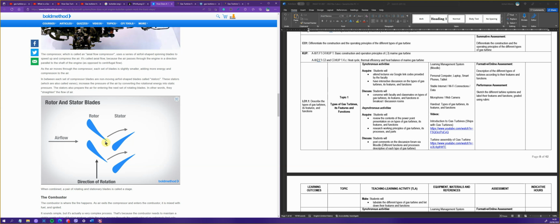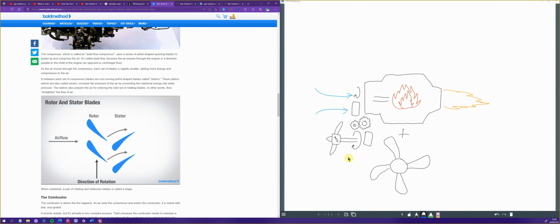So, mangyayari, ito yung direction of rotation. So, if we're going to look at it, kung kunwari sabihin natin, ito yung turbine blades mo. Kunyari, ito yung harap ng turbine. Tapos may blades ka, ganyan. Kunyari lang naman.